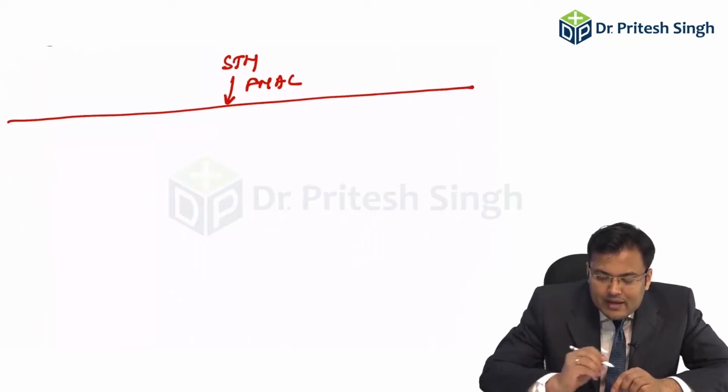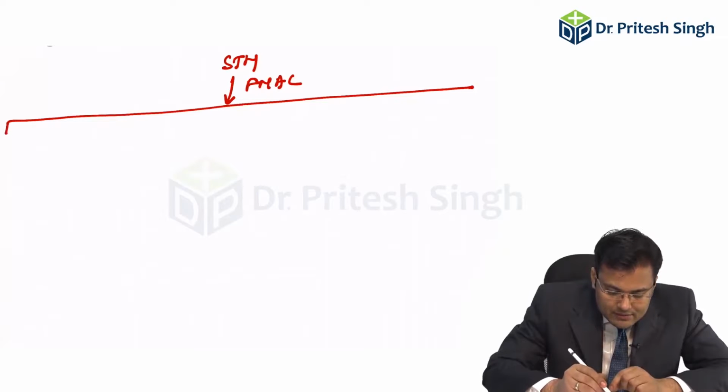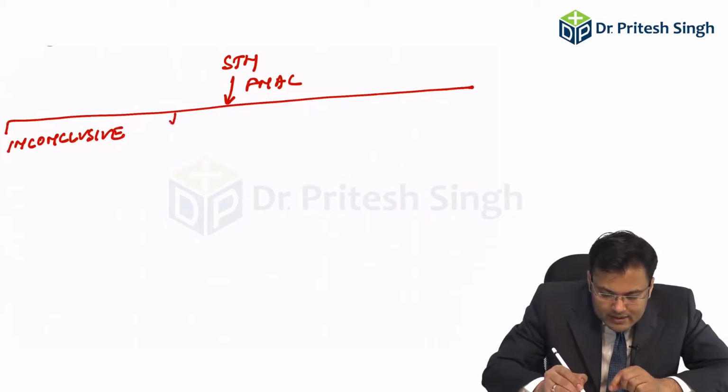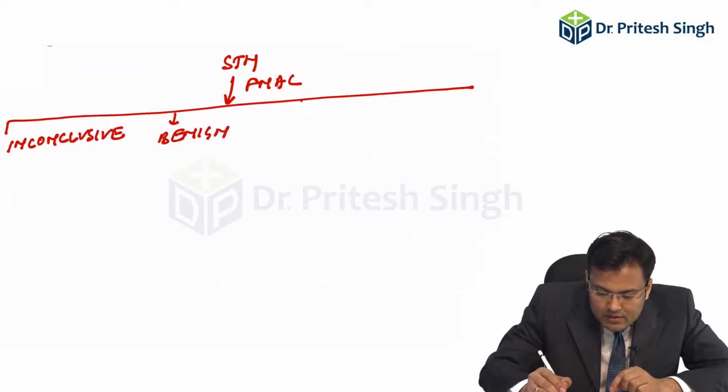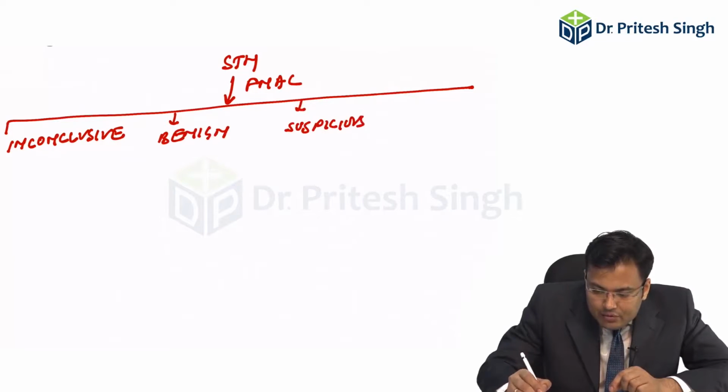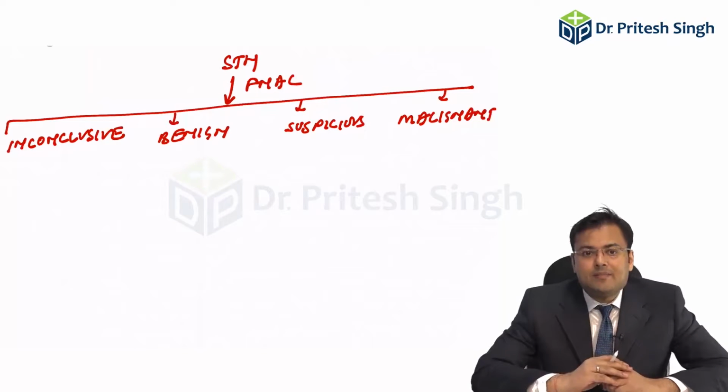After FNAC, there are 4 possibilities. First, it is inconclusive. Second, it is benign. Third, it is suspicious. And fourth, it is malignant. Only 4 possibilities.